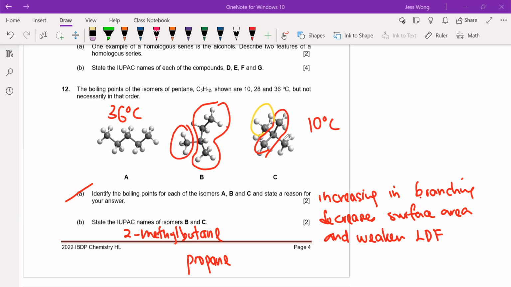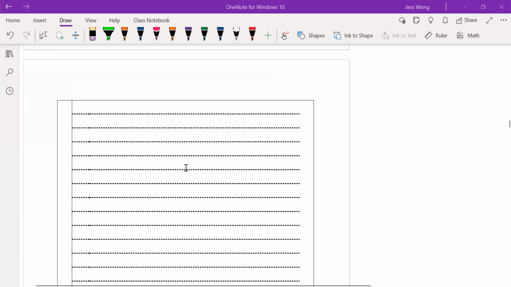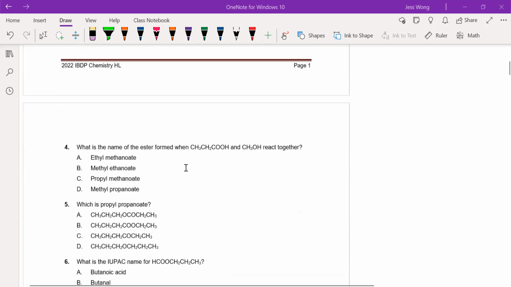So we have 2 methyl groups, so we call it 2,2-dimethylpropane. All right, and that's for this question. Let's move on. That's all for assignment 10A, and then we will go on to assignment 10B in a while.